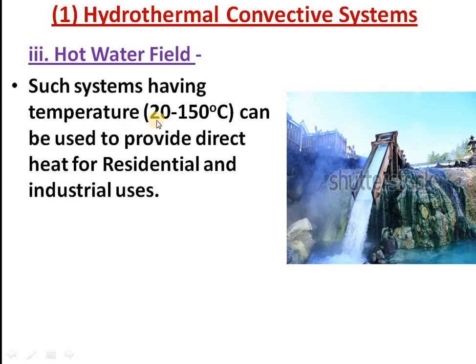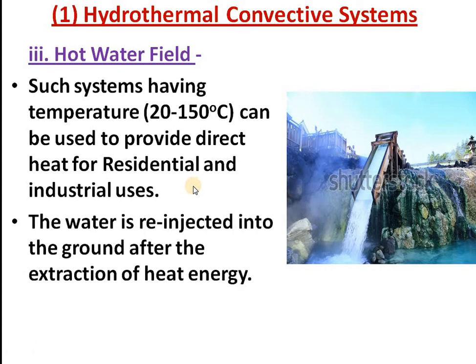The temperature is low, it may vary from 20 degrees to 150, and you can use it for various other purposes, residential, industrial purposes. You cannot use it for running turbines. And again, water can be re-injected into the ground after extraction of heat energy.